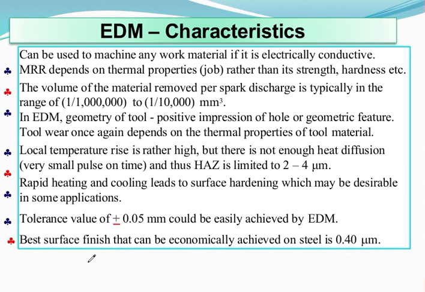Rapid heating and cooling leads to surface hardening, which may be desirable in some applications. Tolerance of plus minus 0.05 millimeter can be easily achieved by EDM, and the best surface finish that can be economically achieved on steel is 0.40 micrometer.